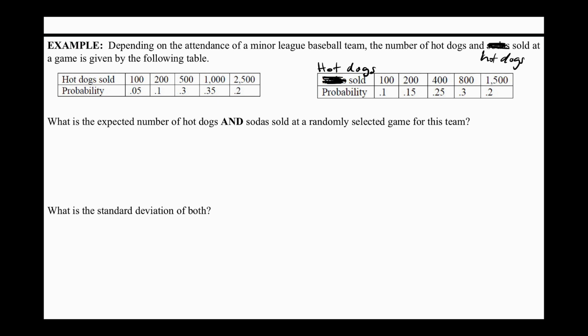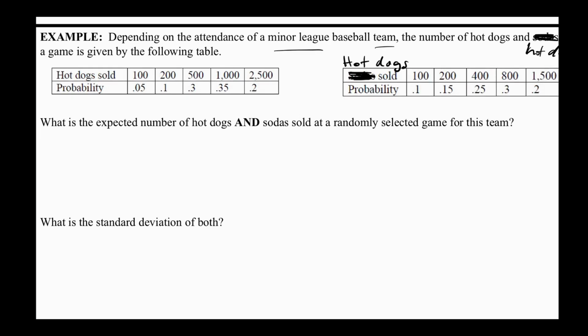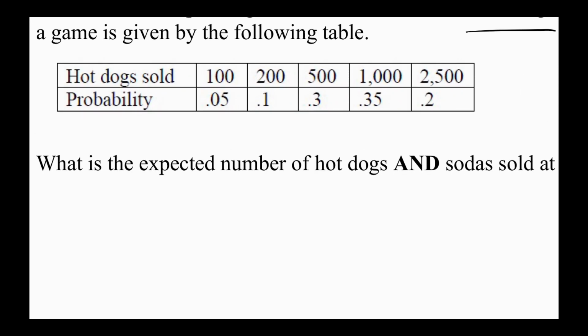This list is based off of two different places, two different minor league teams. For one of them, the probability that they sell 100 hot dogs at one game is about 5%. The probability they sell 200 hot dogs is about 10%. The probability they sell 500 is 30%, and so on and so forth.